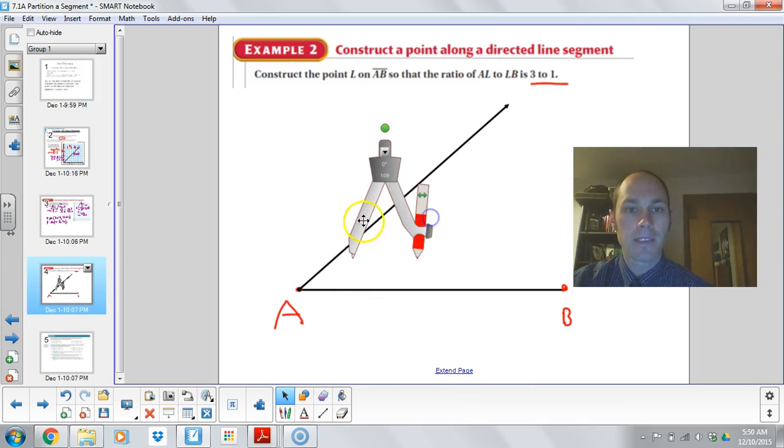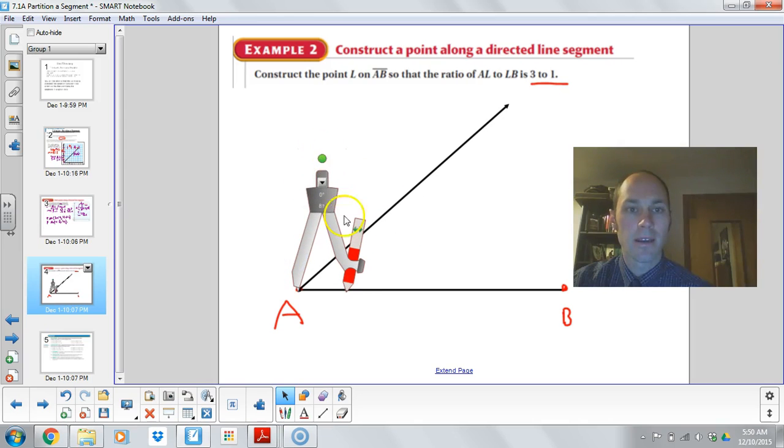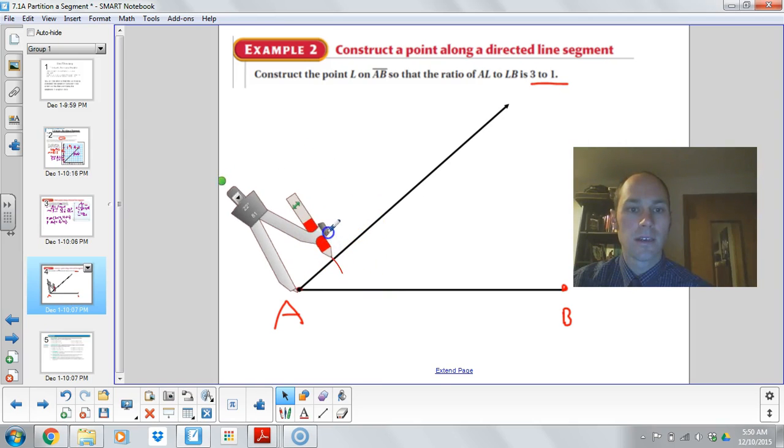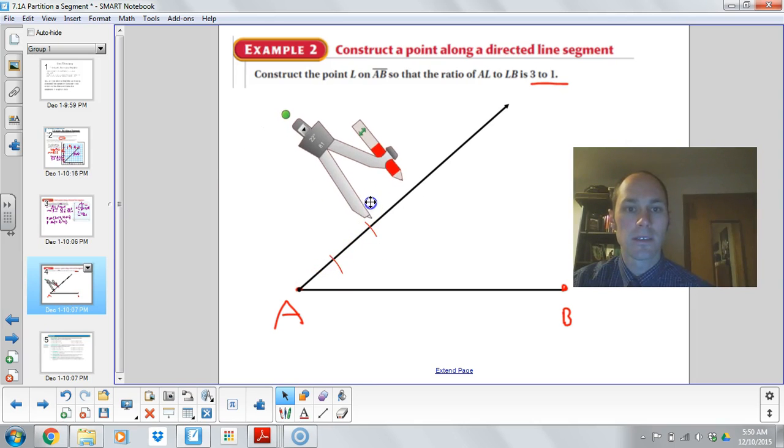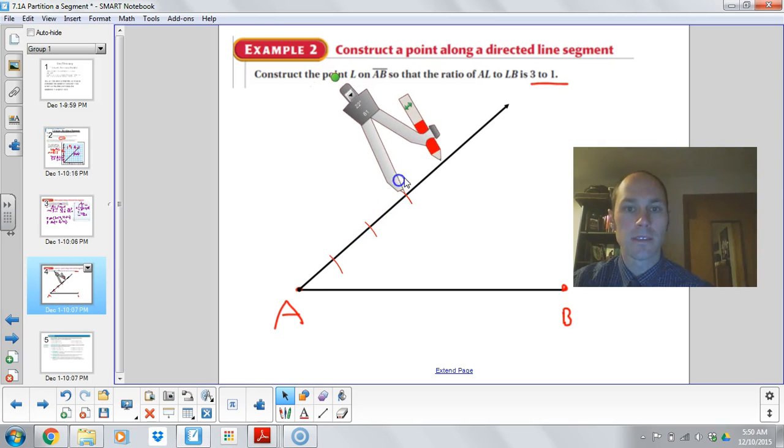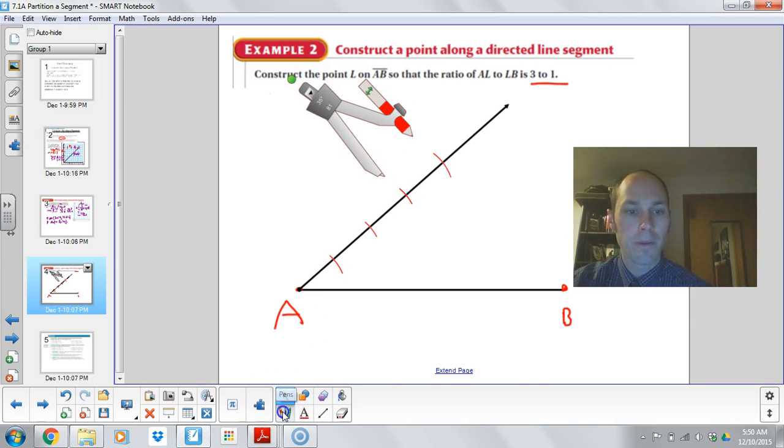I'll just open the compass up any length and set it on point A. And what I will do is open the compass there. It's 1 part, 2 parts, 3, and now 4 parts. Okay, because we need 4 equal parts.